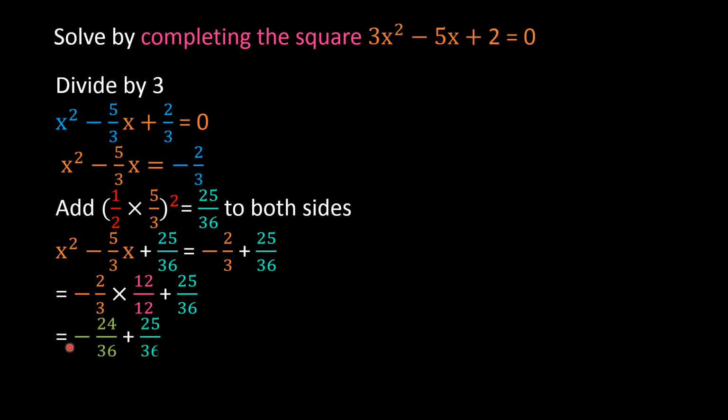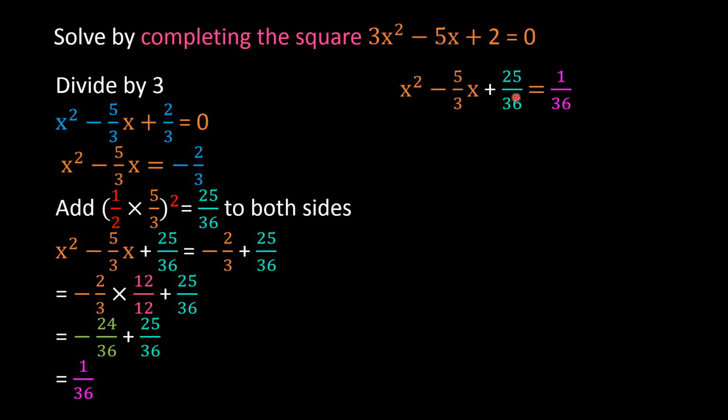So it will be minus 2 multiplied by 12 minus 24, and 3 multiplied by 12 will be 36. Next, the denominator is 36 and 25 minus 24 becomes 1. So we can write this expression equals 1 divided by 36.